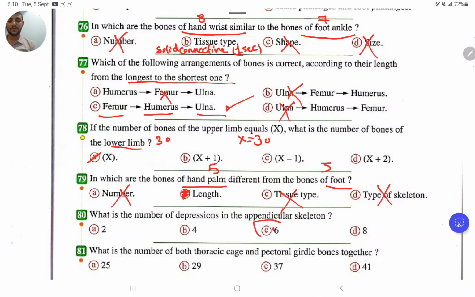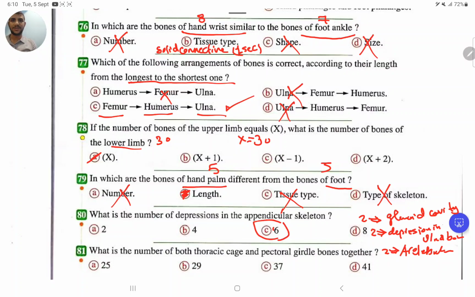It's 6, guys, we studied and mentioned it before. 2 for the glenoid cavity in the scapula bone, 2 for the depression in the ulna bone, and 2 acetabulum in the lower limbs, so the count will be 6, guys. Clear? I think it's a clear message.